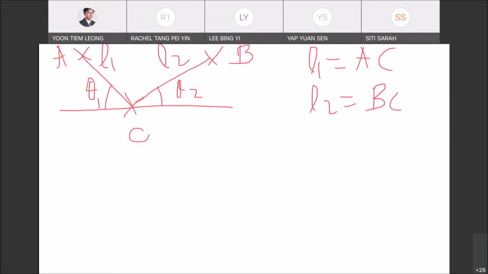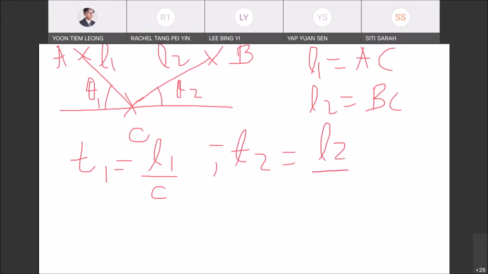So the time taken for the light to go from A to C can be easily written down as the length L1 divided by the speed of light. And t2 is the time taken for light to go from C to B. It is the length L2 divided by the speed of light.